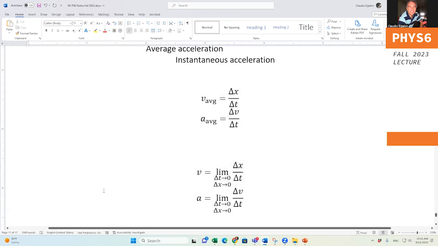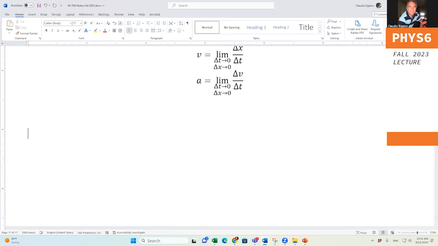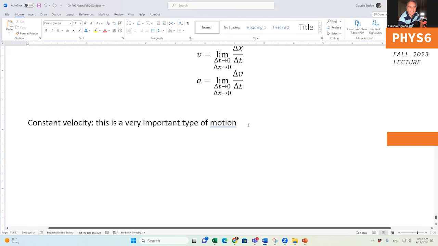And now we can start thinking about constant velocity. 10:55. Let me go for another 5 minutes and then we take a break, okay? Constant velocity. This is a very important type of motion. We observe that frequently in real life. So think about that.